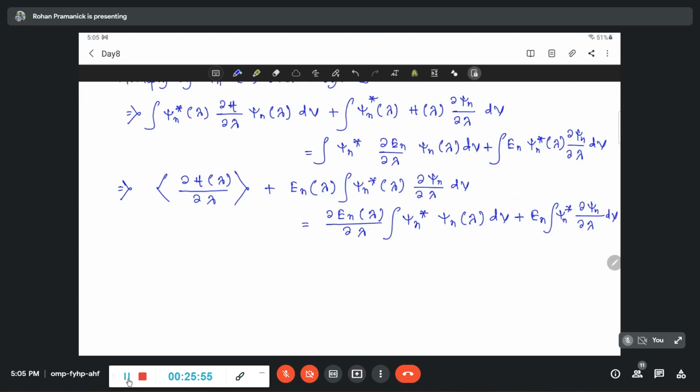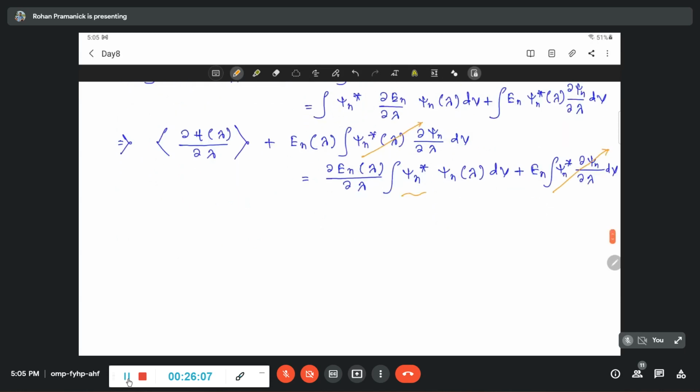So now you see this term and this term cancel exactly, and this is the normalization of the wave function, which we set to be 1.